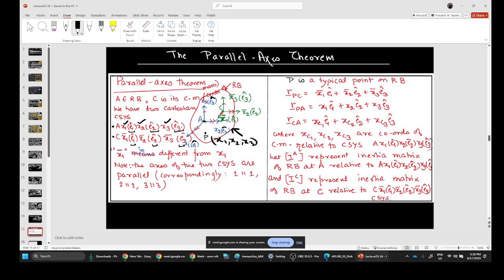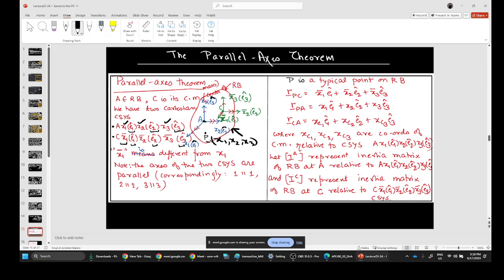The unit vectors are the same. However, since the origins are different, I must make a distinction between x1 here and x1 here. And that distinction I am making by putting an over bar here.